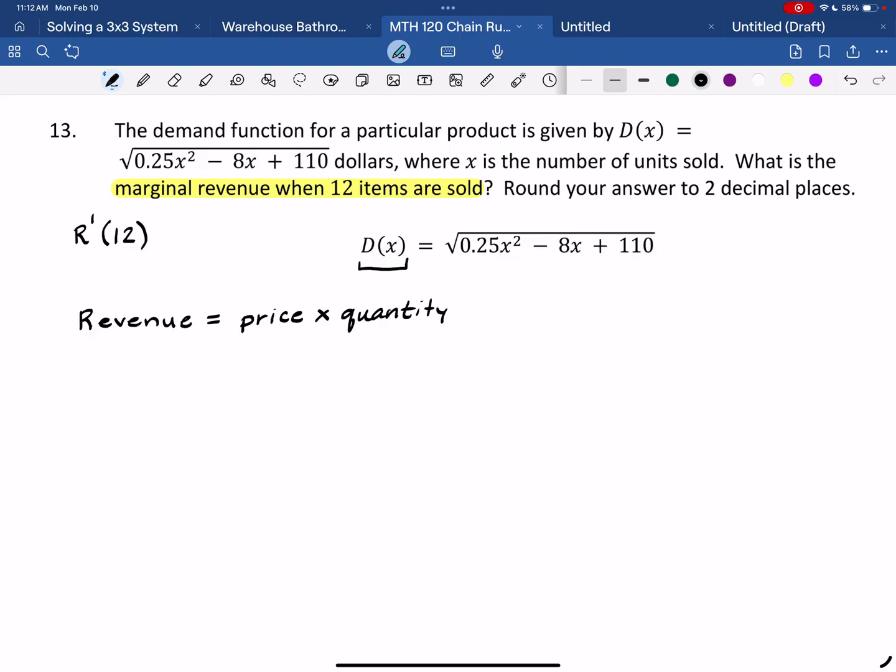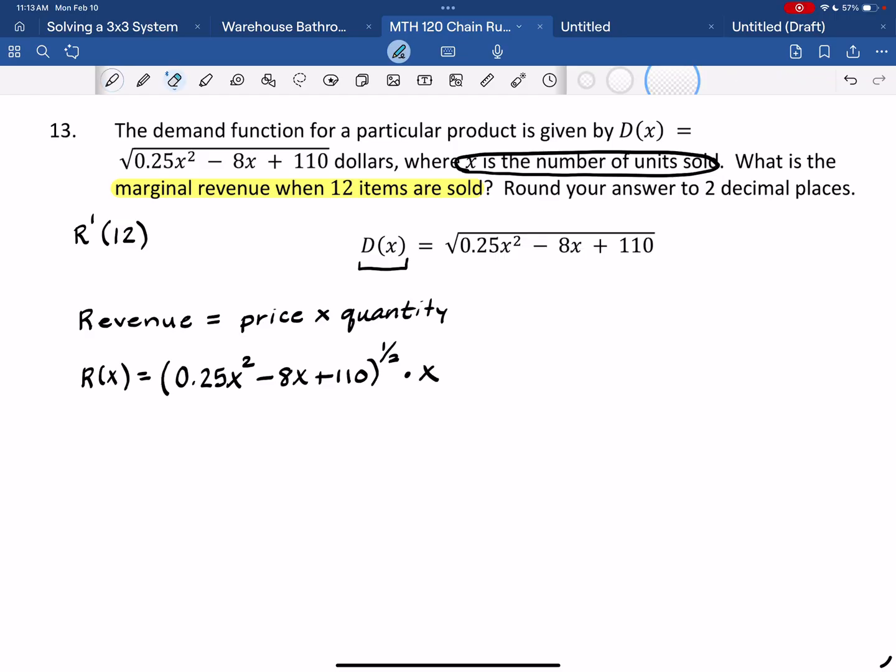So for us, our R of x is going to be the demand function, and I'm going to write that with a 1/2 power. So that's 0.25x squared minus 8x plus 110, to the 1/2 power, times our quantity that's being sold, which in this case is x.